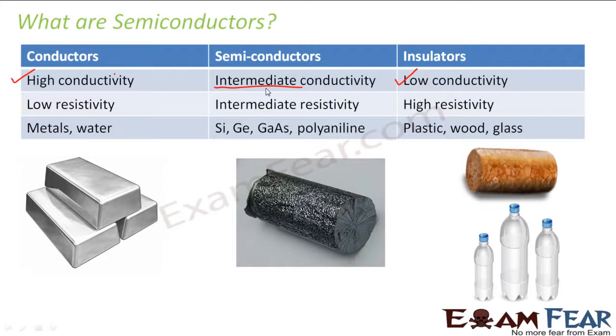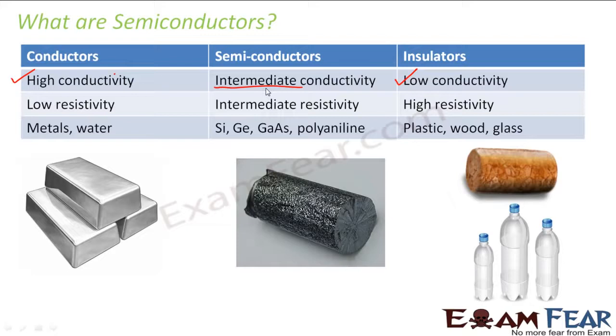Conductivity is inversely proportional to resistivity, right? If the resistance is high, the conduction will be low, because resistance is nothing but a barrier to conduction. So if conductors have high conductivity, it is quite obvious that they have low resistivity. Insulators, on the other hand, will have very high resistivity, and semiconductors will have intermediate resistivity as well.